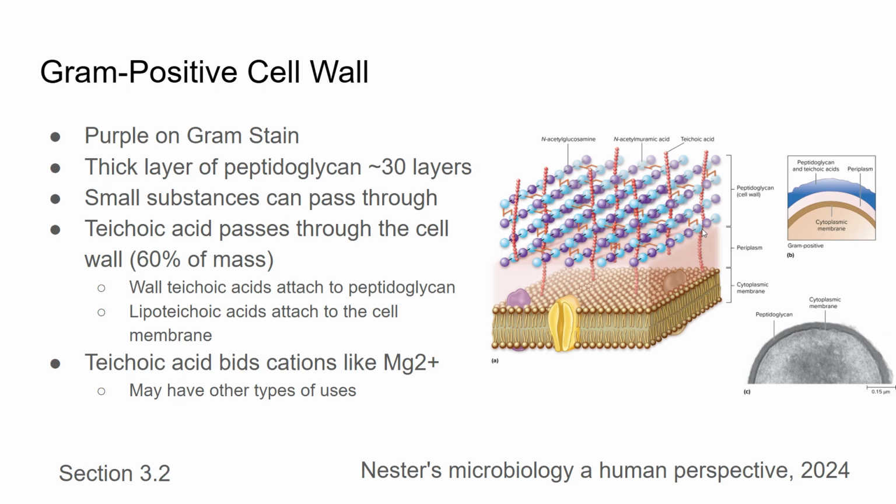The part that goes down and attaches to the cytoplasmic membrane or the cell membrane is called lipoteichoic acid, because it's attaching there. Lipo for the lipid, the phospholipids that it's attaching to.